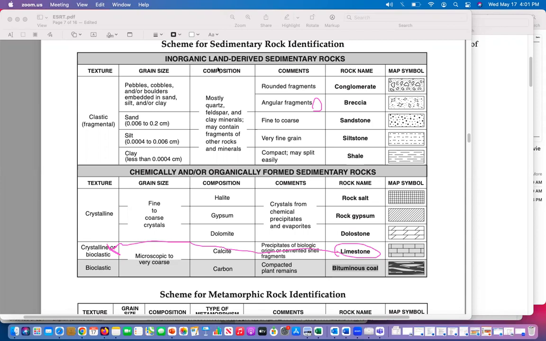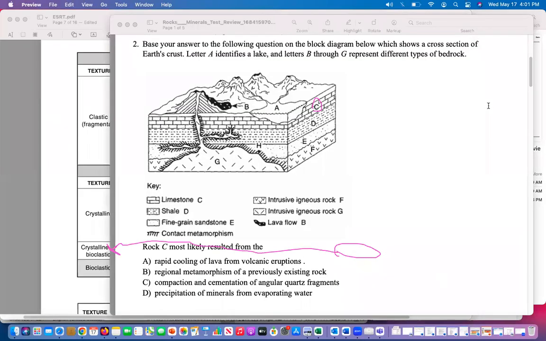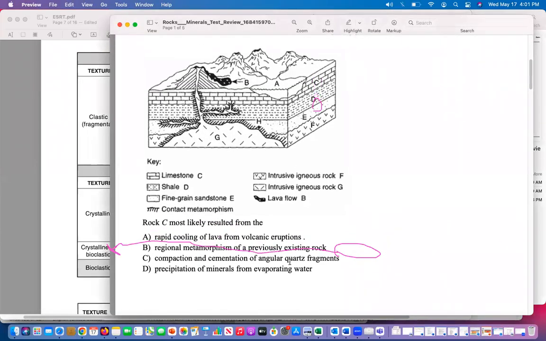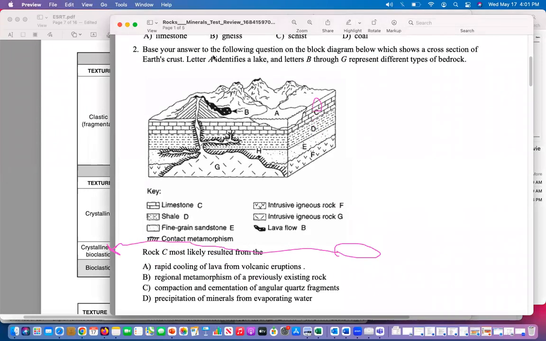So I'm gonna look at my choices, and I know I'm dealing with a sedimentary rock. So rapid cooling of lava, that's an igneous rock. Regional metamorphism, that's a metamorphic rock. I only see compaction, cementation of angular quartz fragments, and precipitation of minerals from evaporating water.